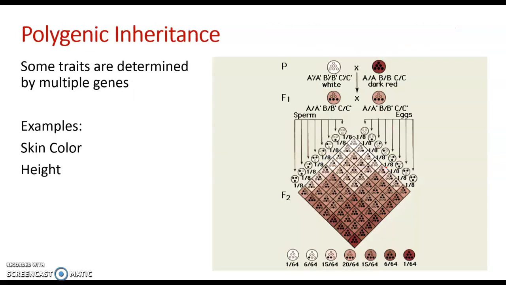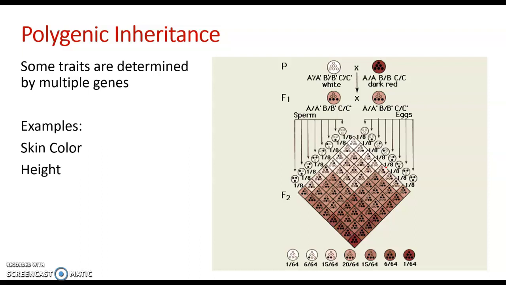And our last example is polygenic inheritance. And these are going to be traits that are determined by multiple genes working together. So examples of that would be skin color and height. Those are kind of the most common examples of polygenic traits.